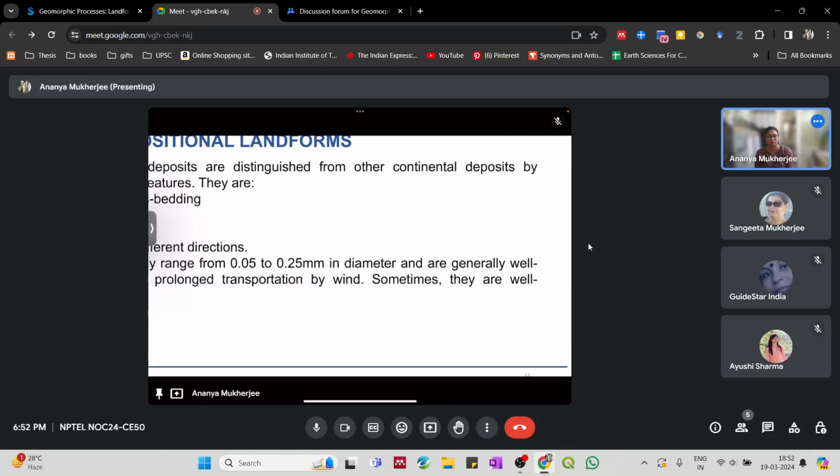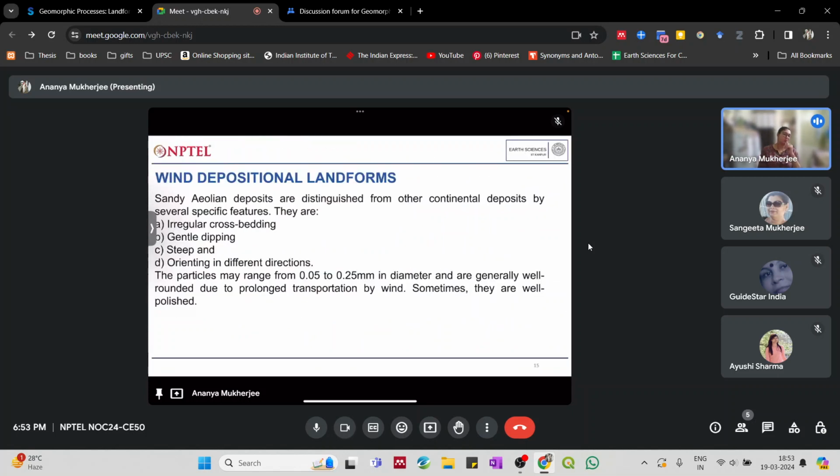So now we have seen the erosional processes and the geomorphic features that are created by wind erosion. Then we saw the different kinds of transportation mechanisms, and how the landscape is changed or modified by the erosional and transportational processes of the wind.